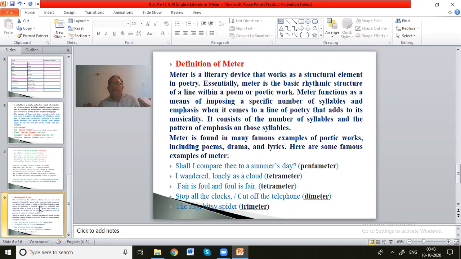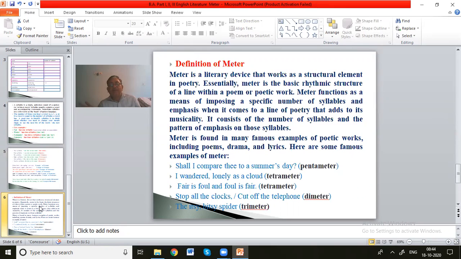Essentially, meter is the basic rhythmic structure of a line within a poem or poetic work. Meter functions as a means of imposing a specific number of syllables and emphasis on a line of poetry that adds to its musicality. It consists of the number of syllables and the pattern of emphasis on those syllables.